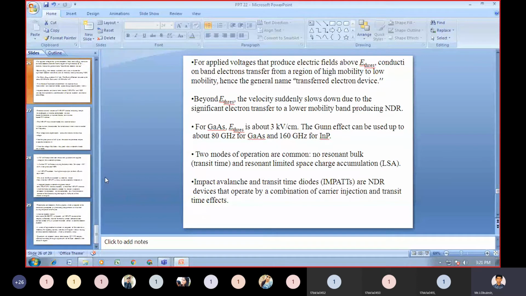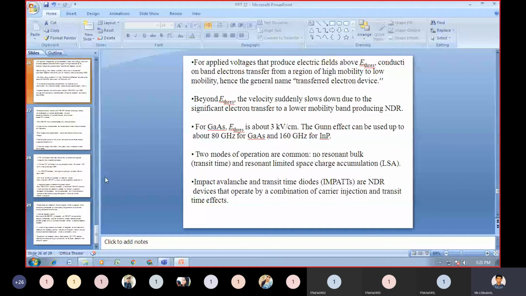Beyond the E threshold, the velocity suddenly slows down due to the significant electron transfer to a lower mobility band, producing NDR.